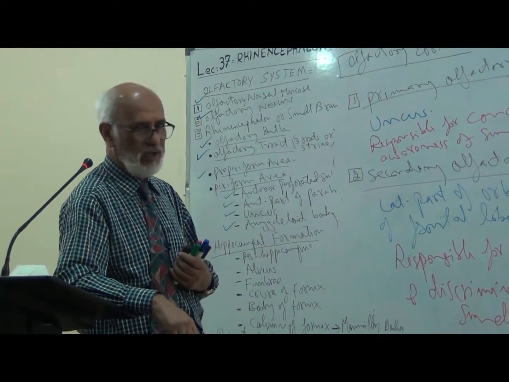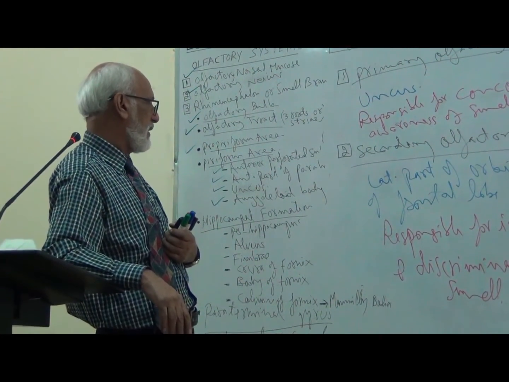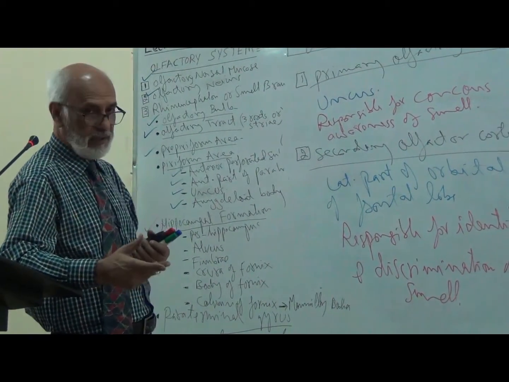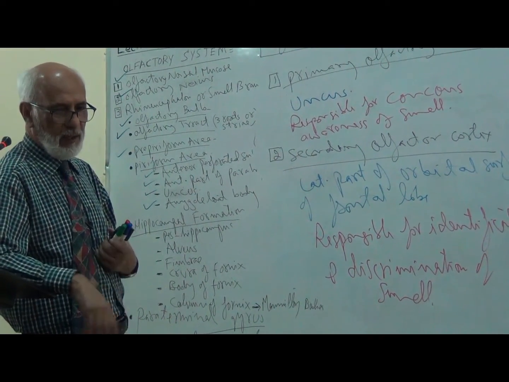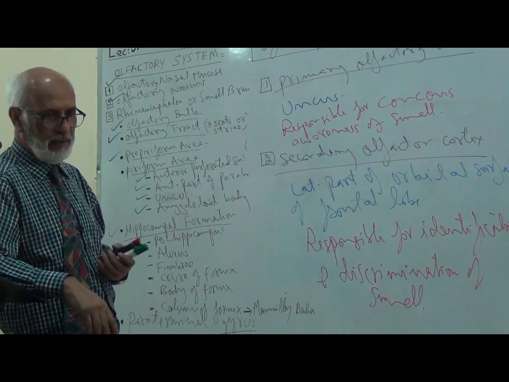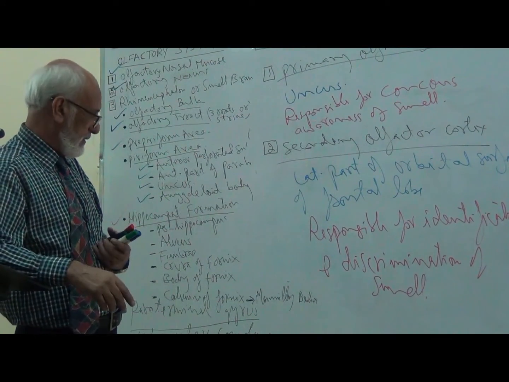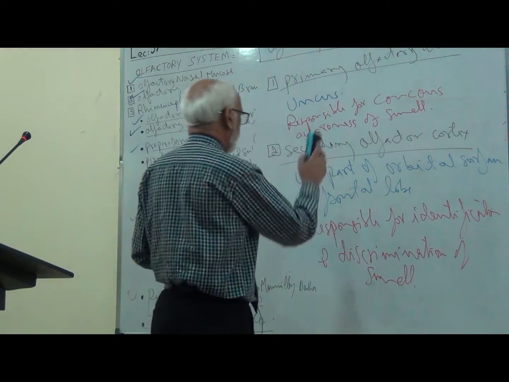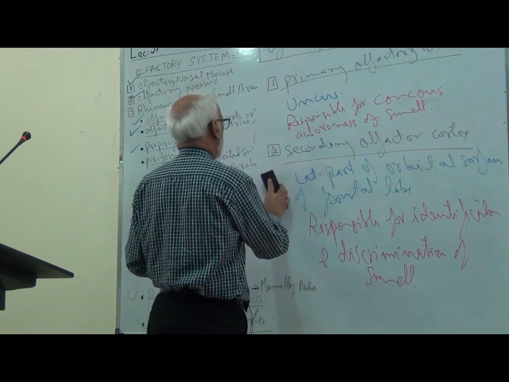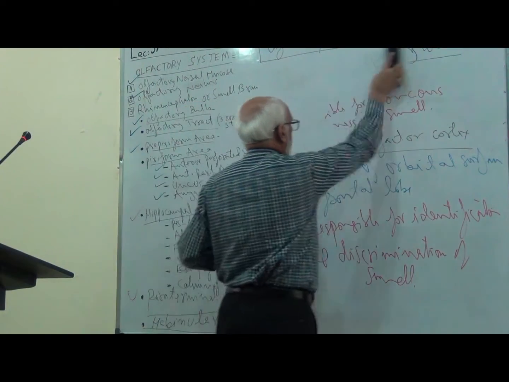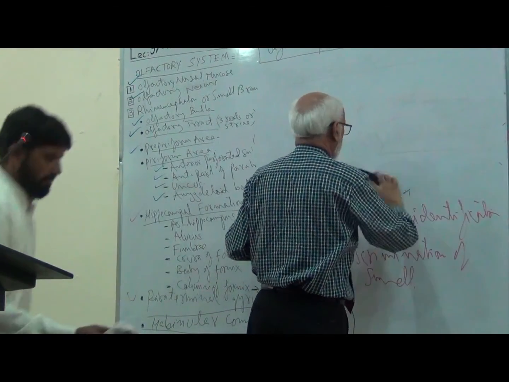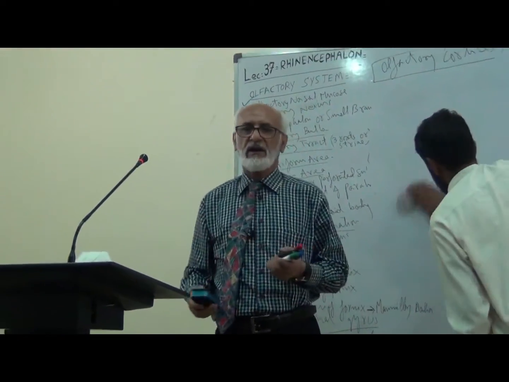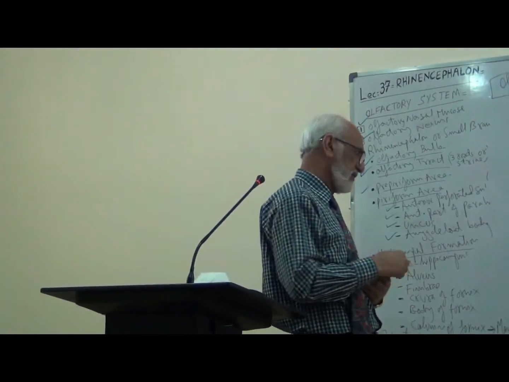What about the detail of the smell? It is not determined by the primary olfactory cortex. It is the role of secondary olfactory cortex which further identifies the smell and discriminates it. Bad smell, good smell, etc. Various types of smell are determined by this. So this was about the olfactory cortices. So you have seen in the whole olfactory pathway or smell pathway, the sensations are not relayed in the thalamus as in case of other sensations.